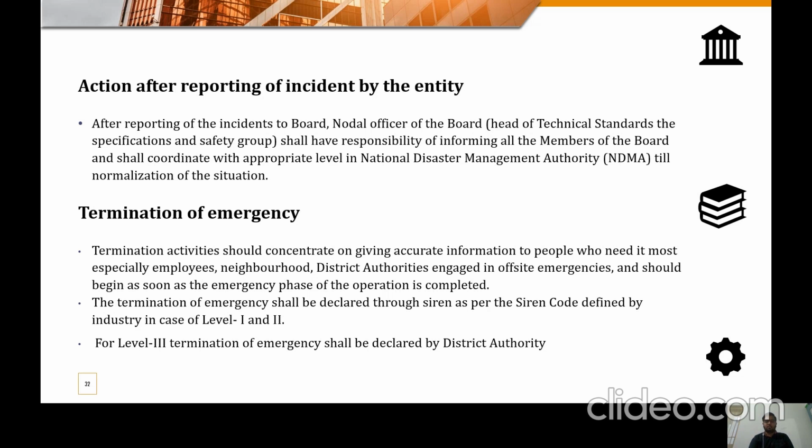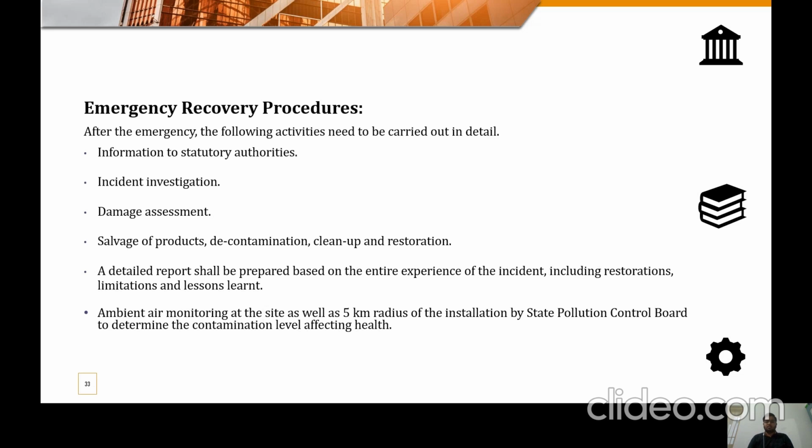Now, after termination of emergency, we have the recovery procedure of emergency. It includes giving information to the authorities about which incident occurred, the investigation about the incident, how much damage has occurred during this incident, the recovery of the products, and decontamination and cleaning.